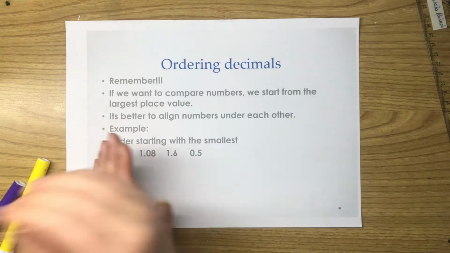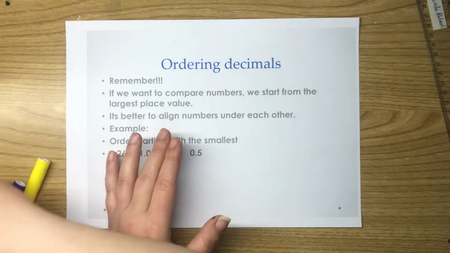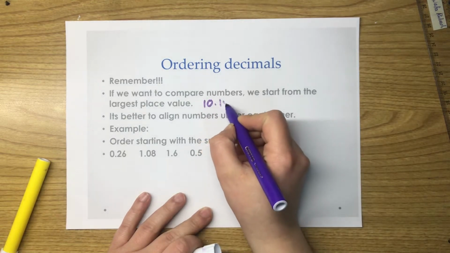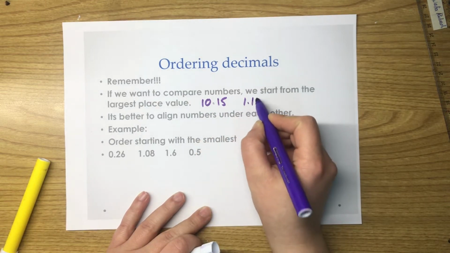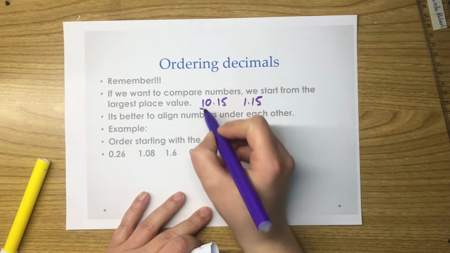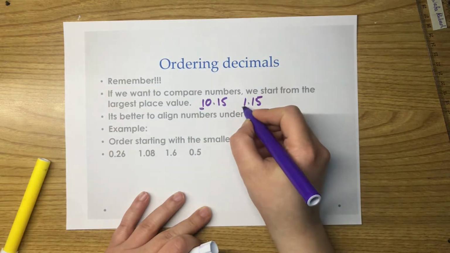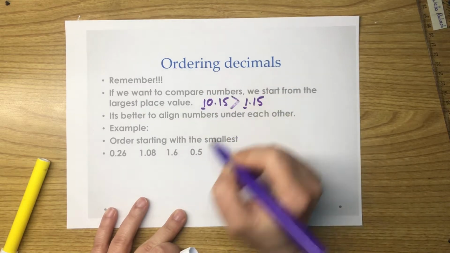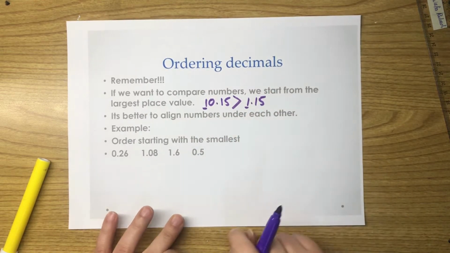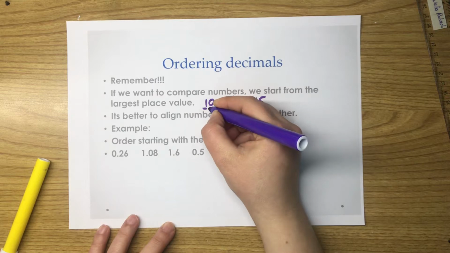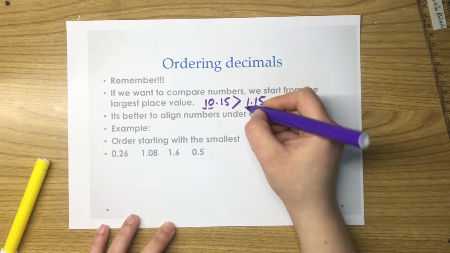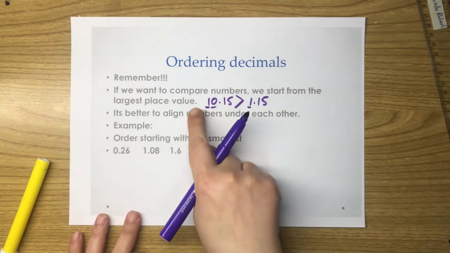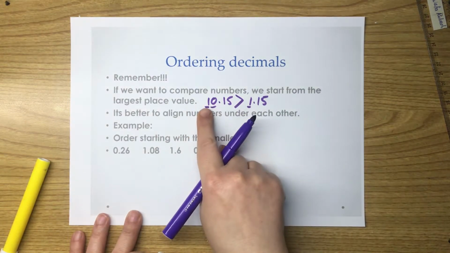I'm going to give you an example: 10.15 and 1.15. This one has a digit in the tens, this one has only a digit in the ones, so this number is definitely more than this number. It has two digits of whole numbers, and this one has only one digit of whole number. So you have to compare starting from the largest place.